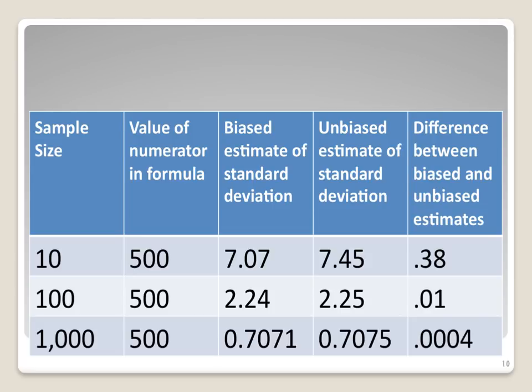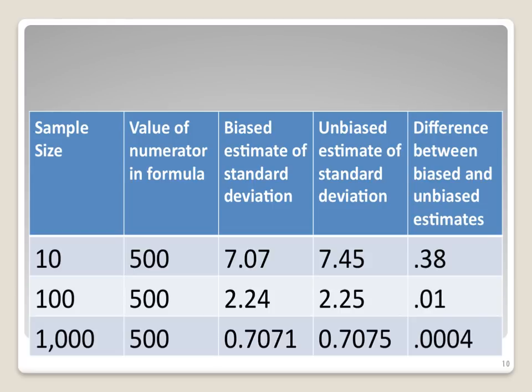As our sample size increases up to 1,000, now the difference between the biased and the unbiased becomes a lot smaller. So as you get closer to the population size, not saying that 1,000 is the size of the population, but that's a pretty large number when it comes to some of the statistical tests that we're doing, then using the biased might be okay. But because of tradition and this idea of being conservative, we always use n-1.